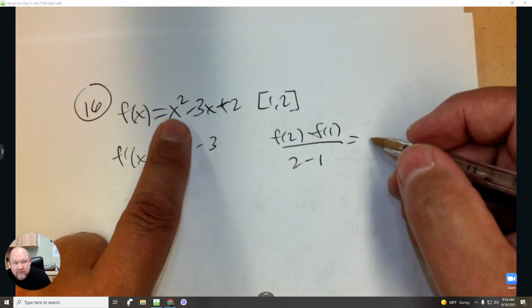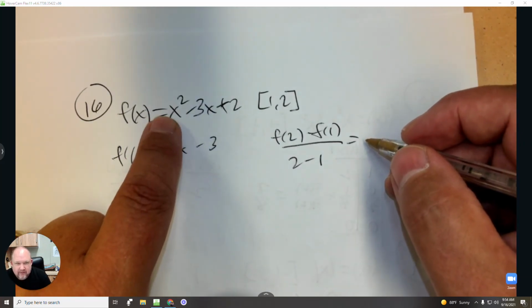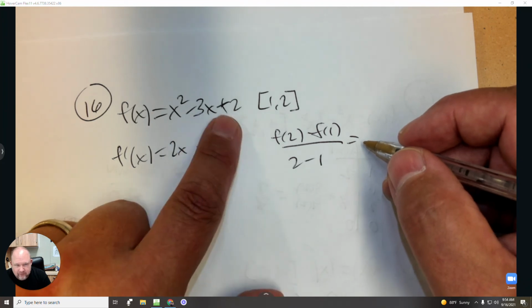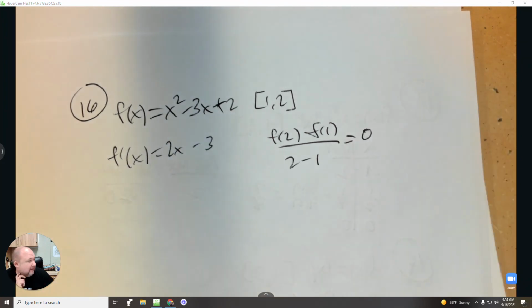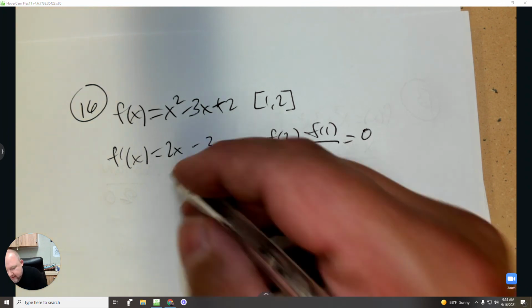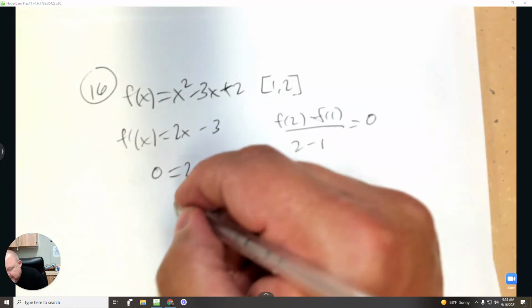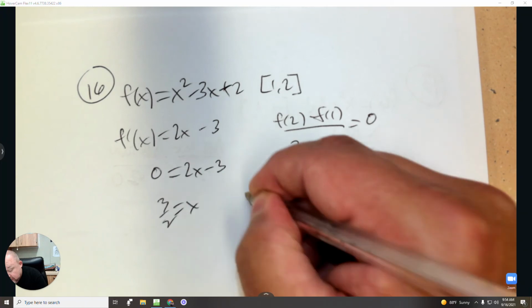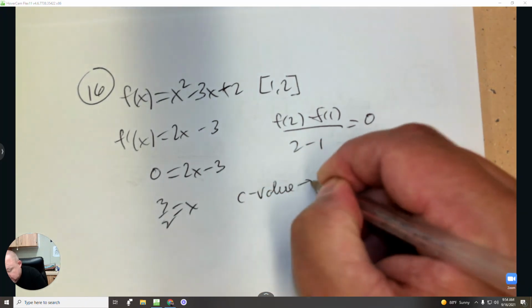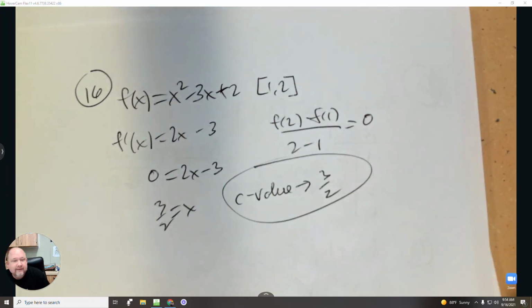So if I plug in 2, that's 4, take away 6, plus 2, that's 0, right? And 0 divided by 0 is 0. And then you take that, equal to the derivative, and then solve it, and you have your answer. So that's the C value. 3 over 2.